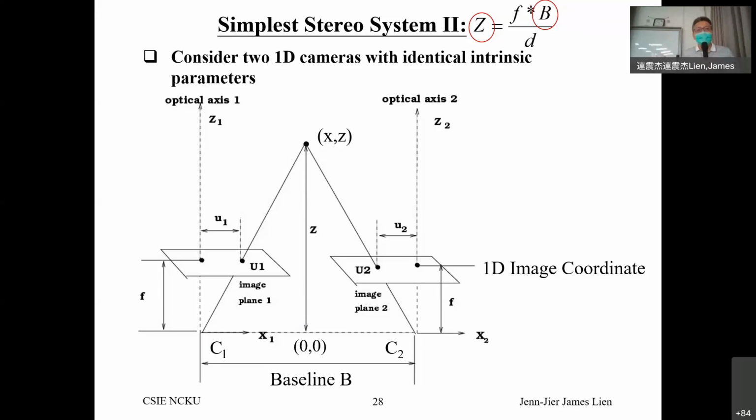No matter how many cameras you design, you should only pick one reference camera. We assume camera one is the reference camera. Then you don't need to worry about how many cameras you have.